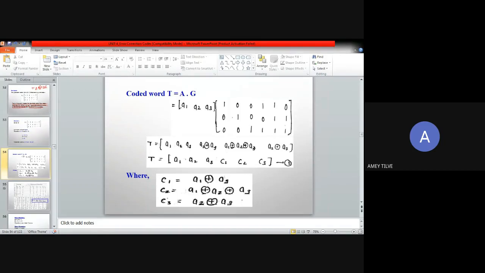I want to know from a few more students if they have any difficulty. Sweeney, did you understand what we have done over here? Sweeney, have you understood what we have done till here? Can we go to the next step of calculating what my code word is? Russell, any doubt in this? Russell, did you understand what we have done till here?